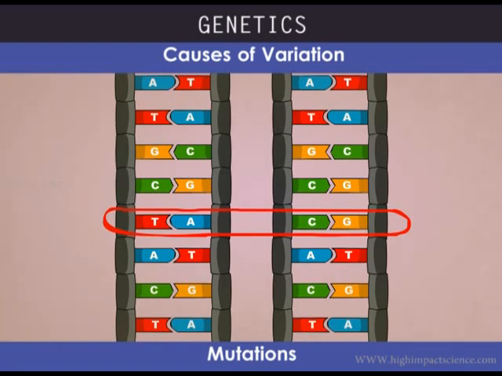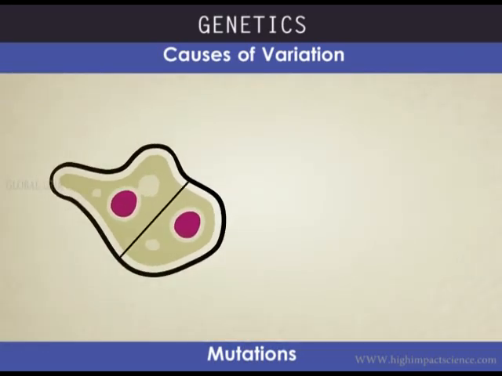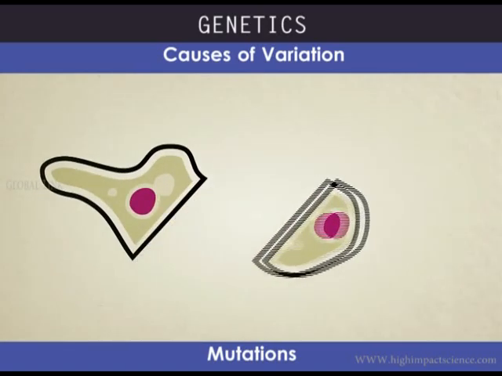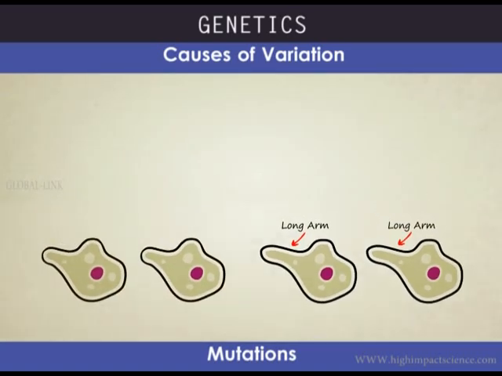This is called DNA mutation, which is random and can occur anywhere on the DNA. It can introduce variation in the body form or function of the cell that receives the modified DNA. In this case, the modified cell has a longer arm. This cell will then pass on this change to its subsequent generations, and that introduces variation within the species population.